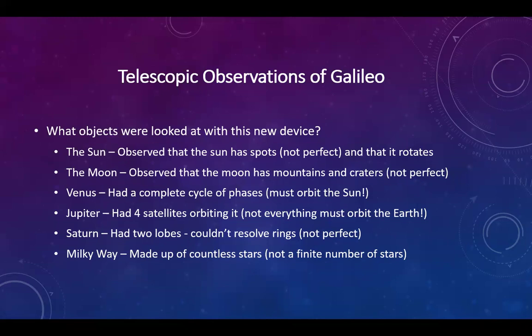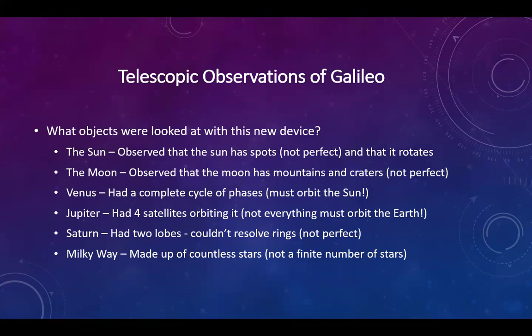You'd only get half the phases. You wouldn't get the complete cycle that he observed. So the phases he saw of Venus matched up perfectly with a heliocentric model, where Venus was orbiting the sun. He observed that Jupiter had 4 satellites orbiting it, which allowed things to orbit something other than the Earth.